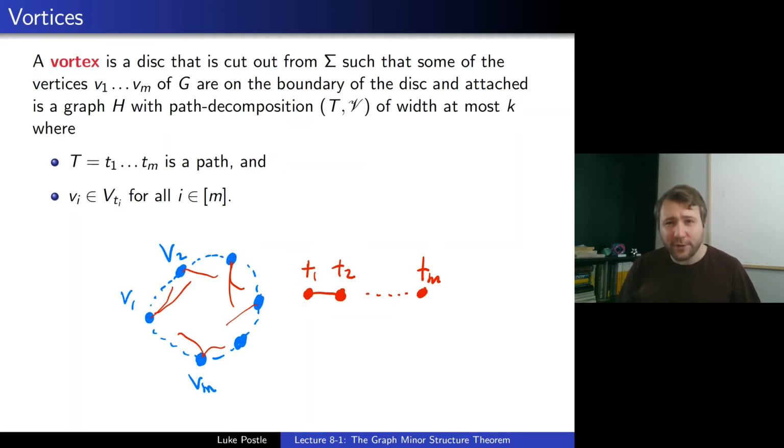That's not quite true, because you could have a vertex that just appears in all the bags. But in principle, that's what it's saying: as you move around, you have your k cops in the path decomposition, and those could be repeated, but eventually they're not, and they cycle through as you do in the surface. So that's a vortex, and so you're allowed a bounded number of apices and vortices.